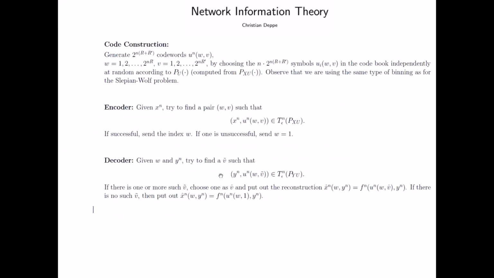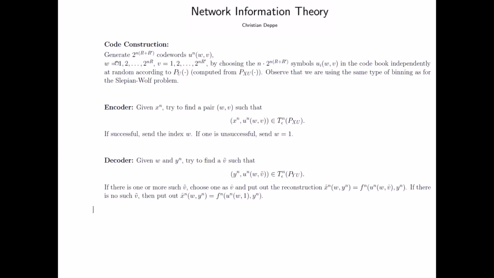So let's look at this in more detail. We generate, as before, 2^{n(R+R')} codewords U^n(w,v). You see, we use here again the binning idea. So we create more than one codeword per index here. So 2^{nR'} is the number of codewords we have for one index, and in total we have 2^{nR} indices.